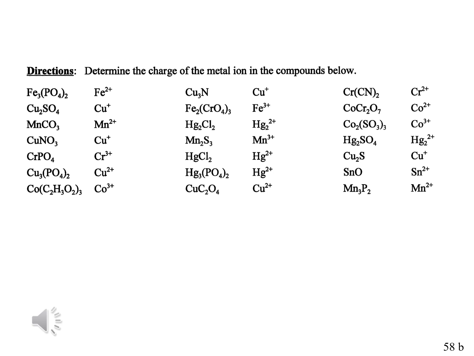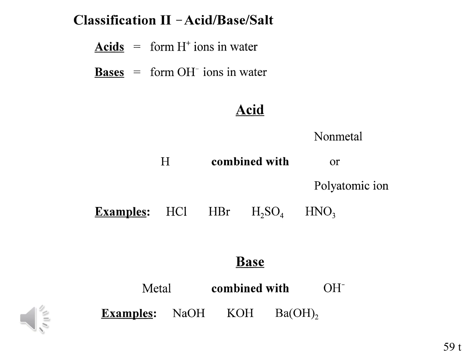I will not go backwards, though, where you go from the formula of the compound back to the name, because that involves some trickiness and we don't really use it that much in class, so I'm not going to do it in that direction.